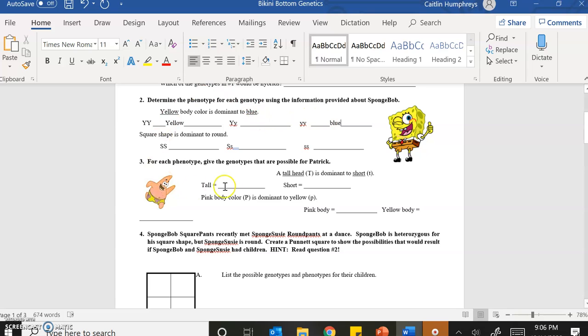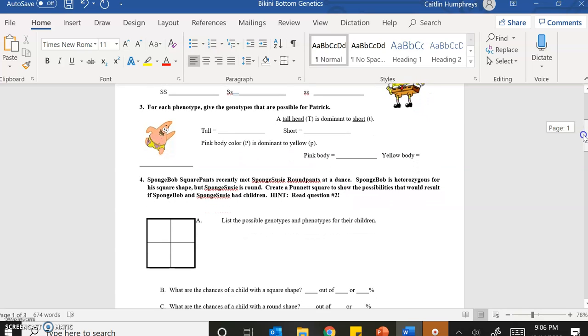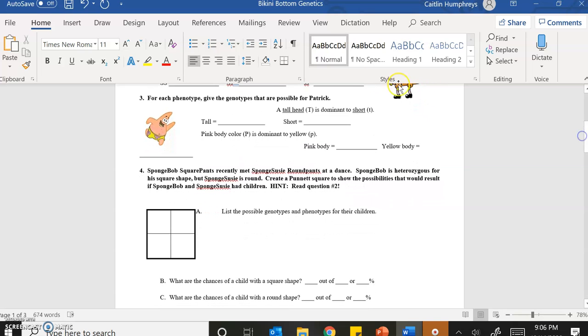Now, you're doing the exact same thing for square shape is dominant to round. Now, number 3. For each phenotype, give the genotypes that are possible. So if a tall head is dominant to a short head, Patrick clearly has a tall head.